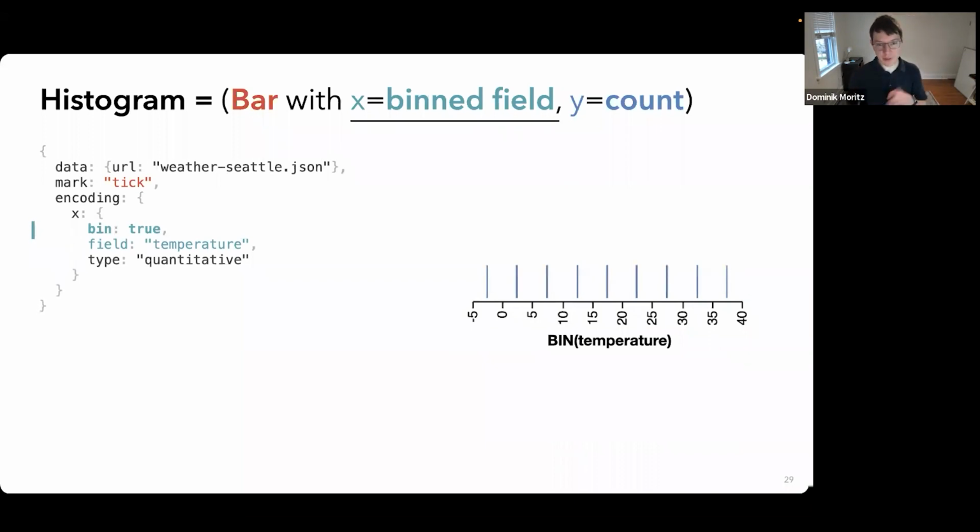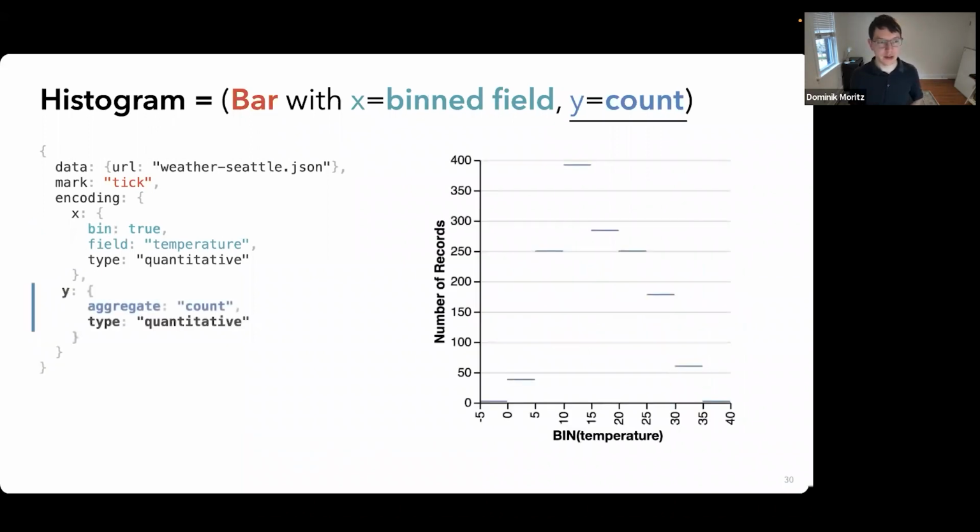So we bin the variable, and now we have the ticks on top of each other. We then use y for the count, and you see that the tick automatically rotated, and that's because the default orientation of one of those ticks is along the quantitative dimension, or along the continuous dimension, and the binned field is becoming somewhat discrete.